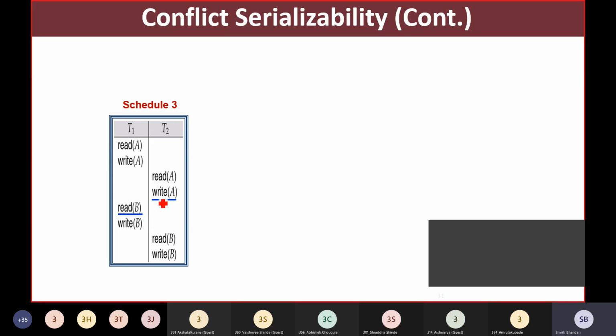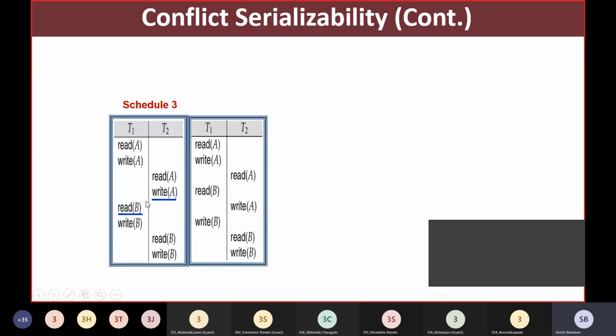Two instructions conflict if they are accessing the same data element and if one of the instructions is a write, otherwise no. So these two instructions do not conflict with one another. So what we can do simply is swap the order of these instructions. We are shifting this write A downwards and moving this read B upwards.